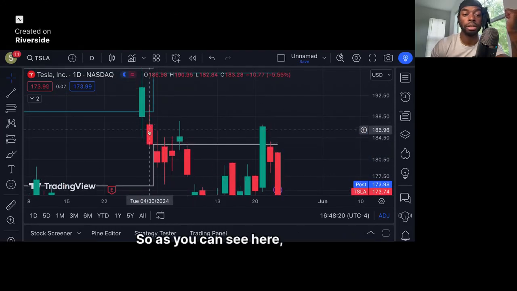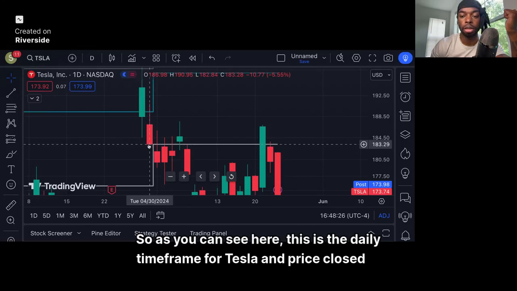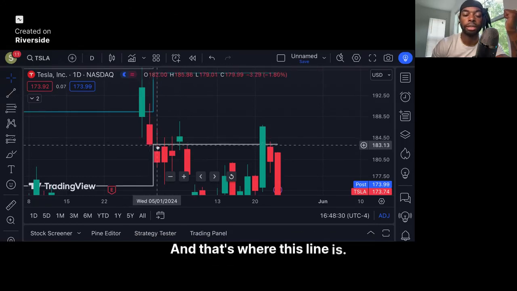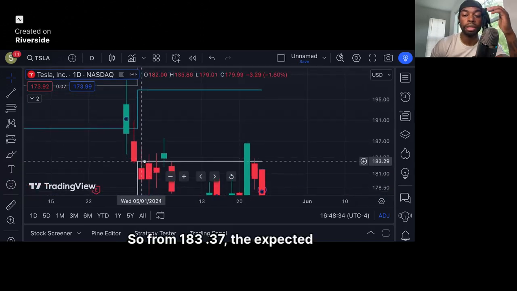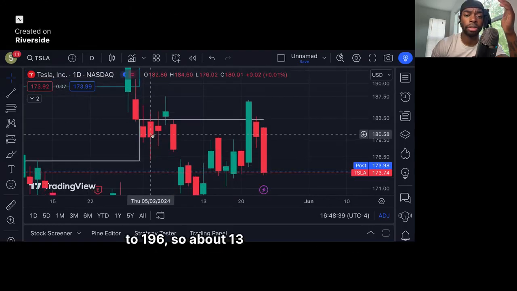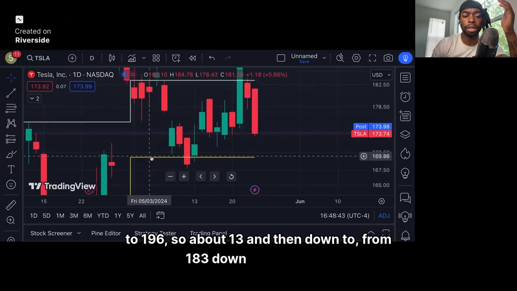As you can see here, this is the daily time frame for Tesla, and price closed at 183.37 last month, and that's where this line is. From 183.37, the expected move to the upside is to about 196, so about 13, and then down from 183 to about 170.